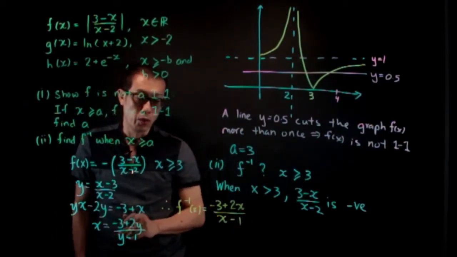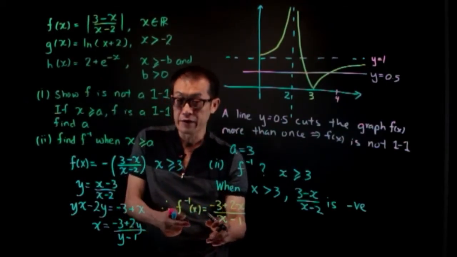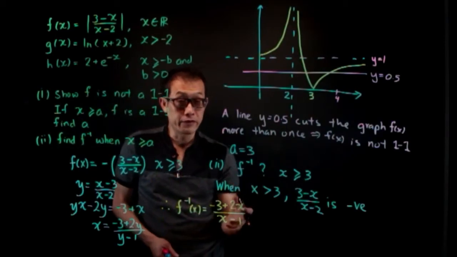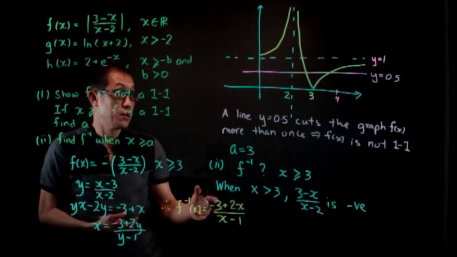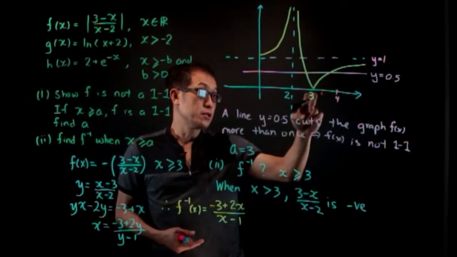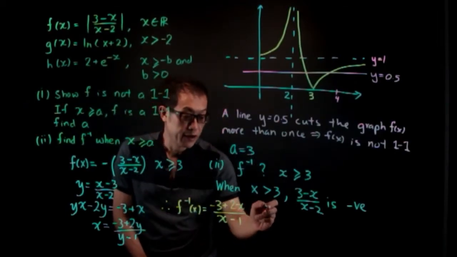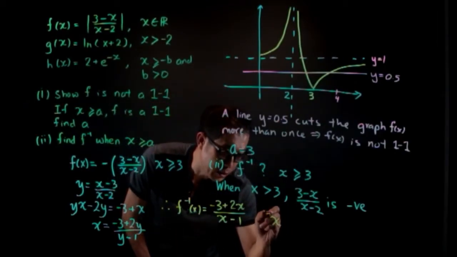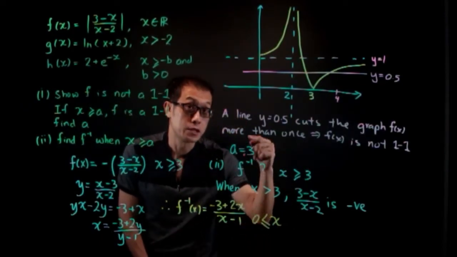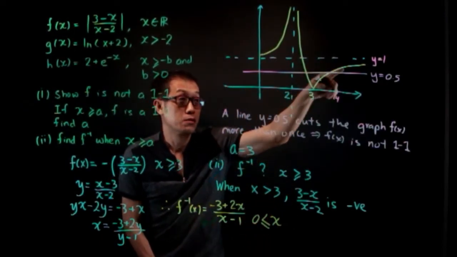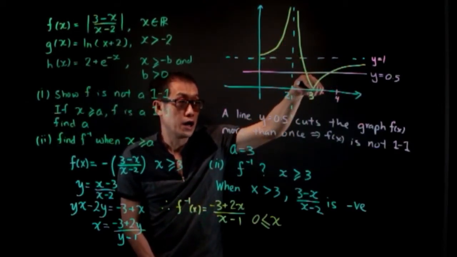What about its domain? All right, the domain of F inverse. Now the domain of F inverse will be equal to the range of F. Now the range of F is between 0 and 1. So the domain of F inverse will be between 0 and 1, but it must not include 1 because 1 is an asymptote of the function f.